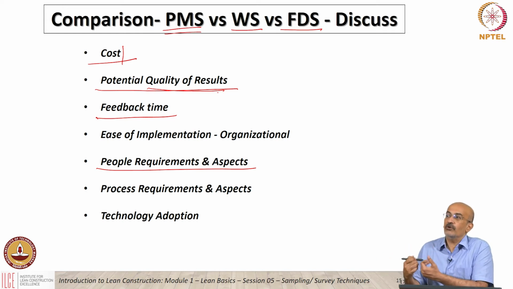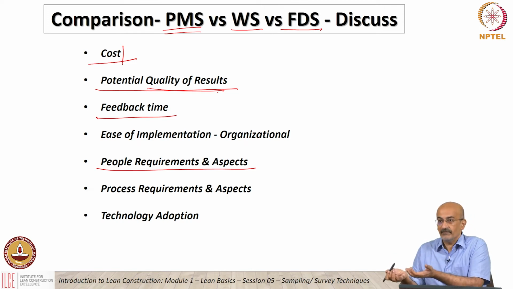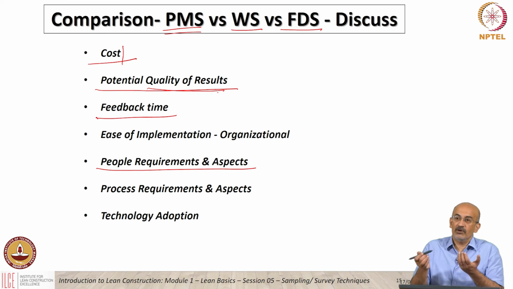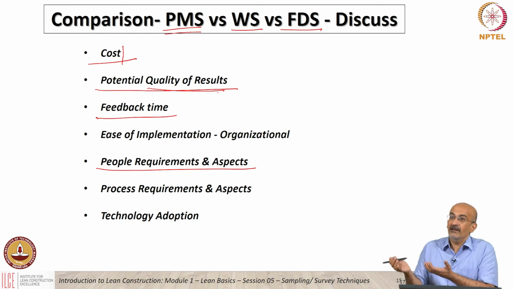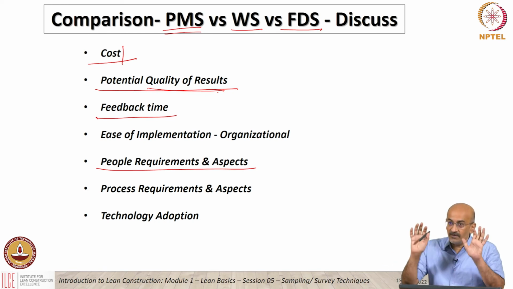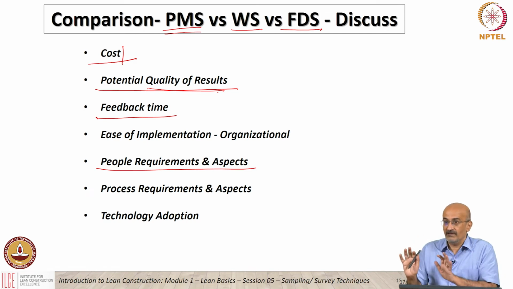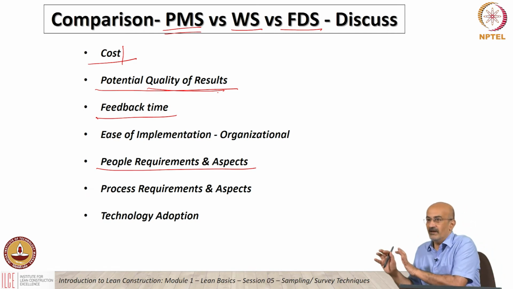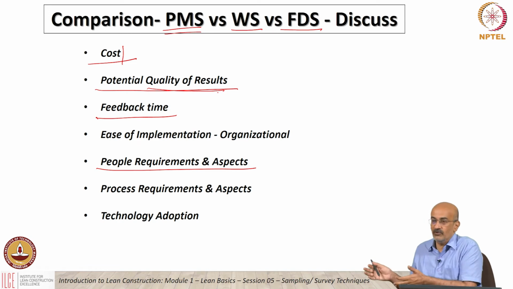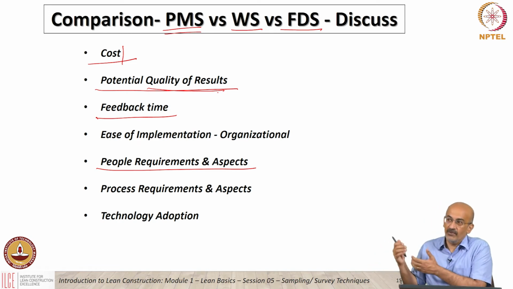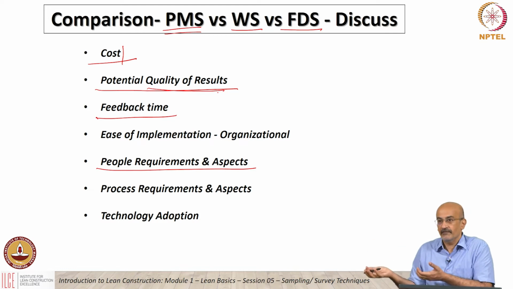And I'm also getting implementation pathways. Whereas with the productivity measurement system, I'm only getting productivity. I'm not even getting waste. With work sampling, I'm getting a little more of waste, but I'm not getting any solutions. With an FDS, I'm not only getting waste, but potentially also getting solutions to tackle.